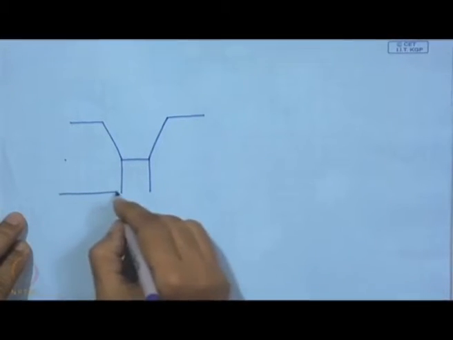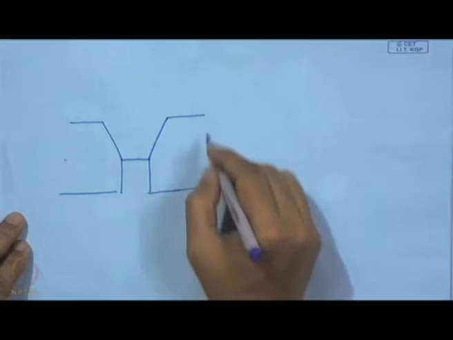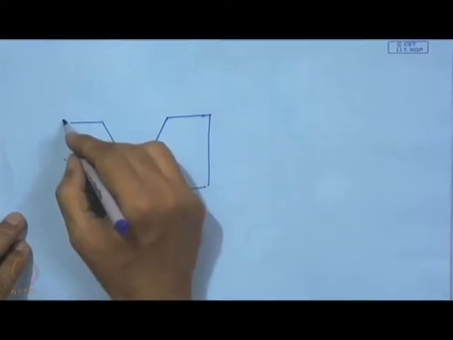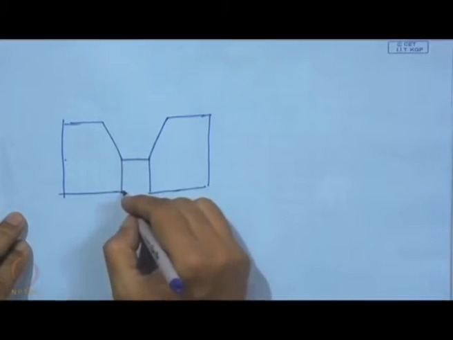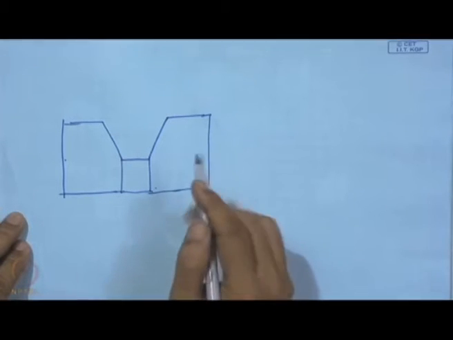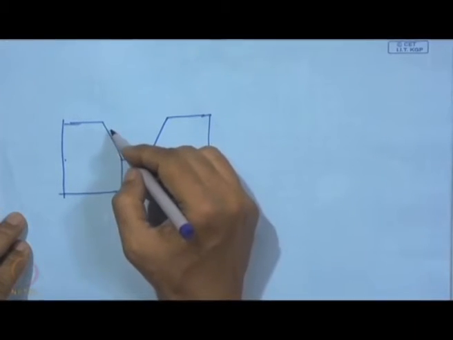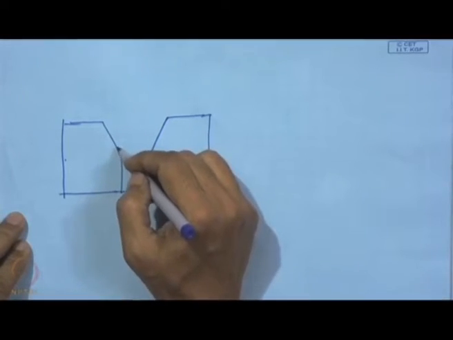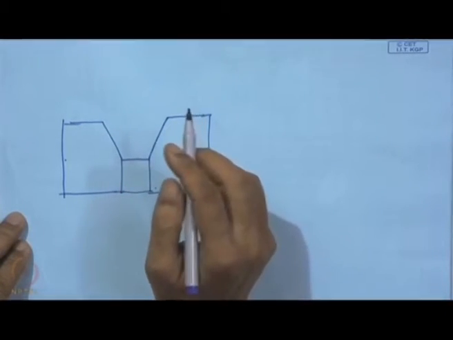This is actually the valve seat, and the valve will come over here and sit. So, these surfaces are the valve seat.